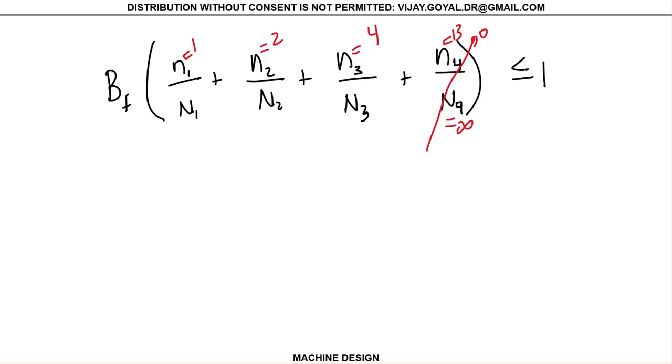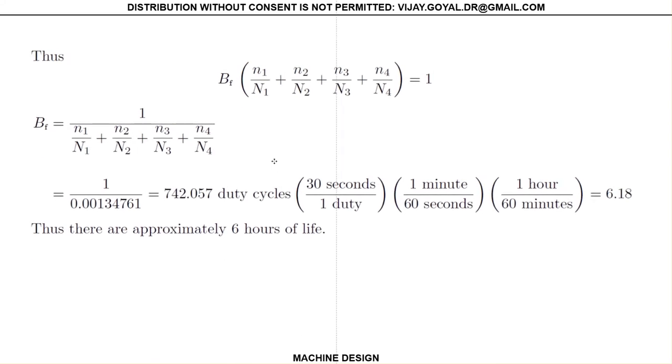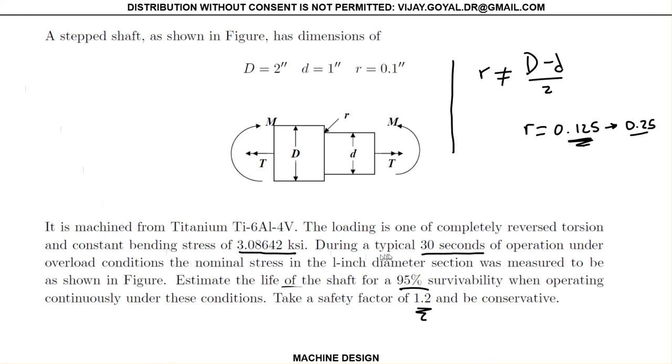Okay, so once we have done that, the next step is, basically I did all the problem for you here. You want to take the inverse of this and find your BF. And to find your BF, that will give you a number of duty cycles. The problem states a typical 30-second operation.